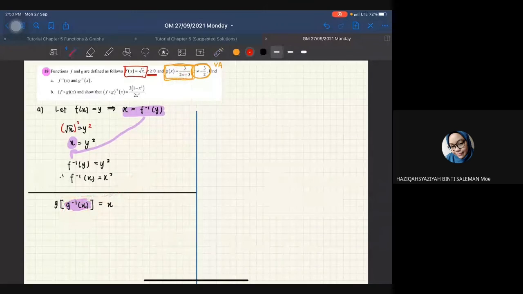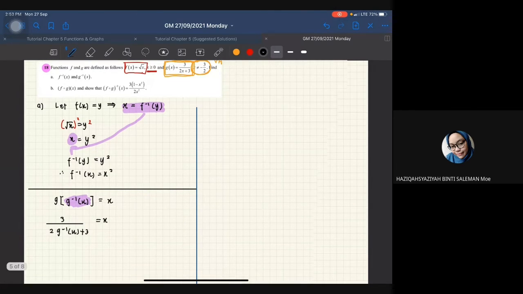Okay, so awak tulis dulu. Kita substitute terus. So kita akan dapat 3 over 2 times G inverse of X and then plus 3 is going to be equal to X.